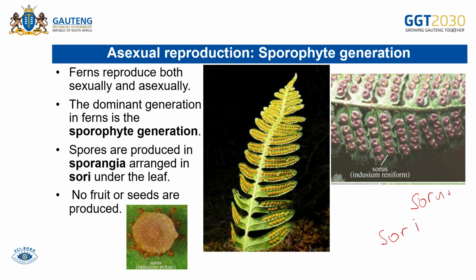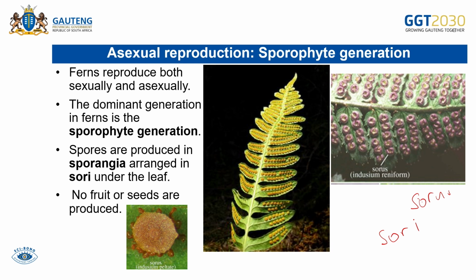So at the back of one leaflet or pinnule, there are small structures which we call the sorus. The sorus of the fern belongs to the sporophyte generation. It's the diploid generation. It's going to produce spores, with spore mother cells undergoing meiosis to produce haploid spores. So this is called the sporophyte generation.